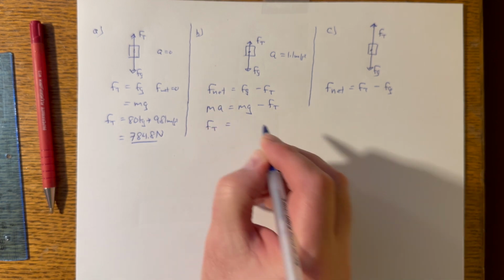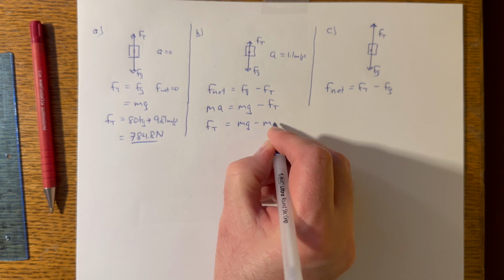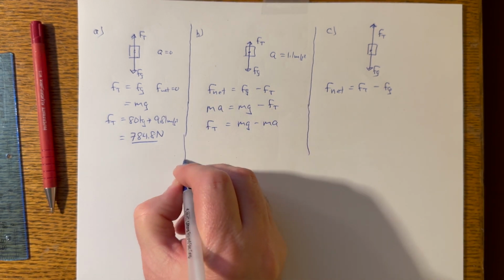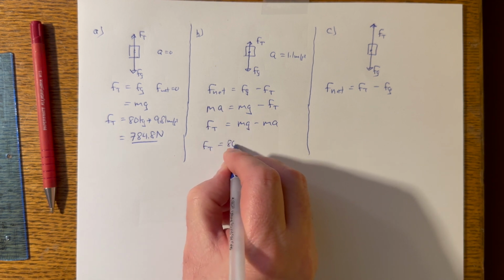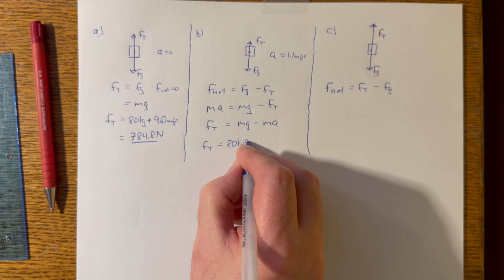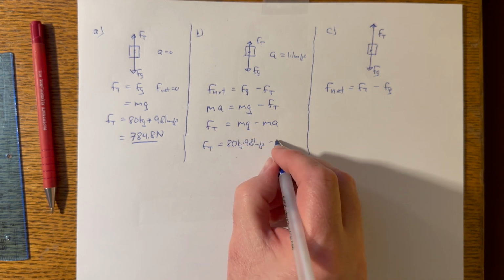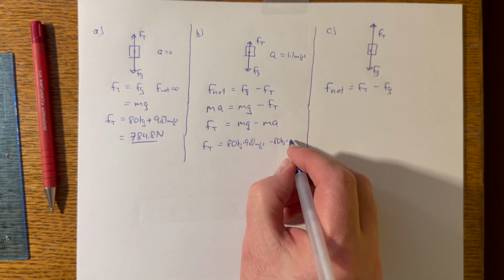The tension is going to be mg minus ma. And so the apparent weight, Ft, is 80 kilograms times 9.81 minus 80 kilograms times the acceleration of 1.1.